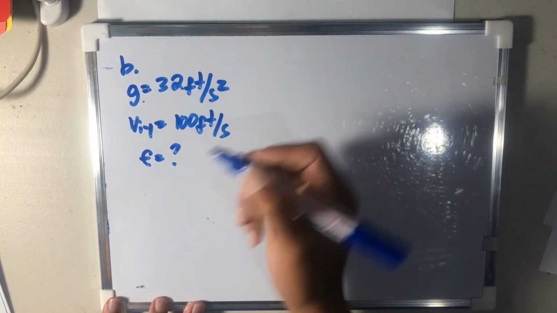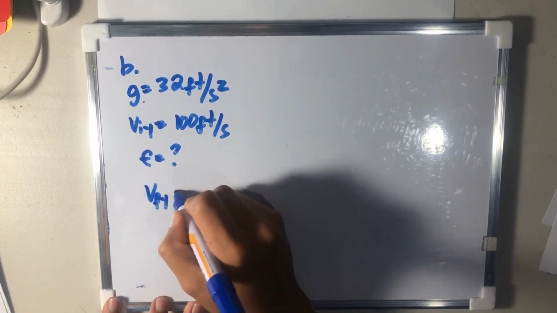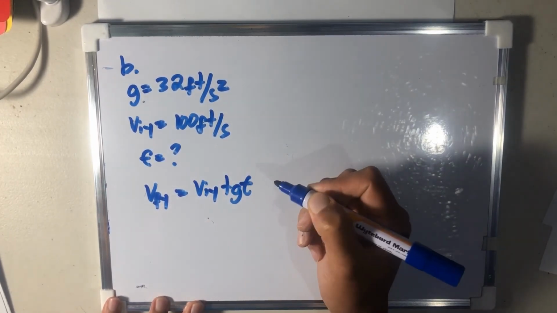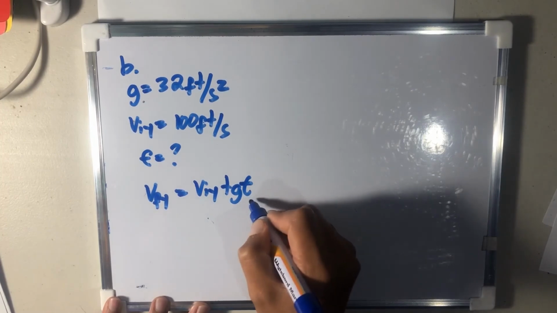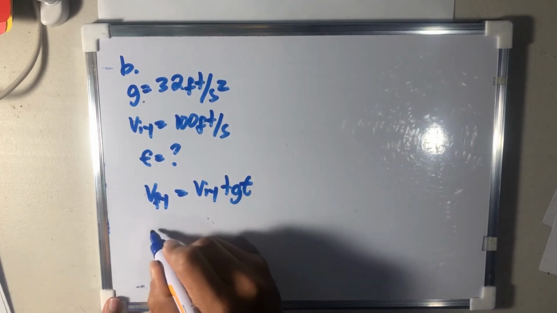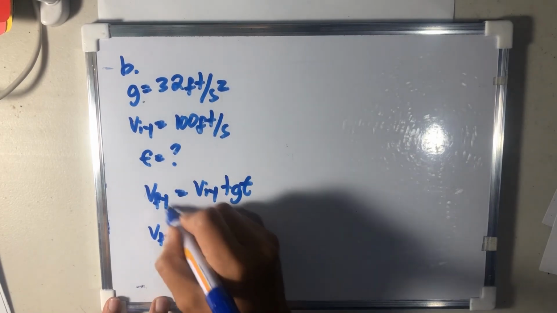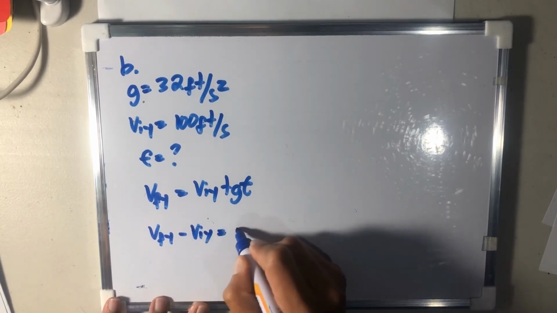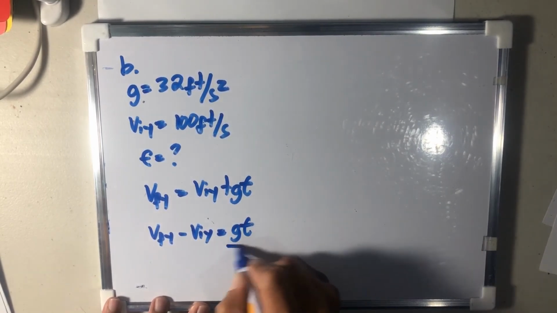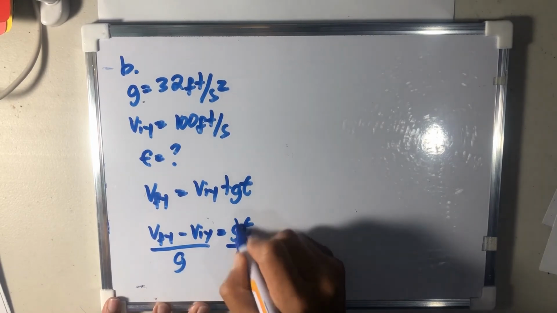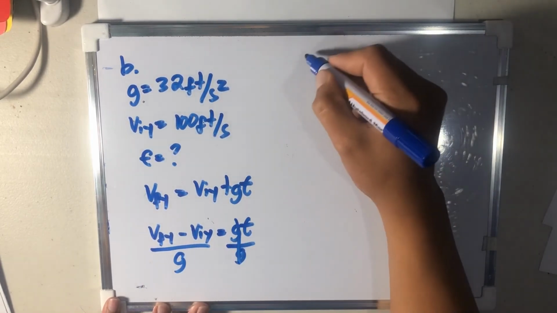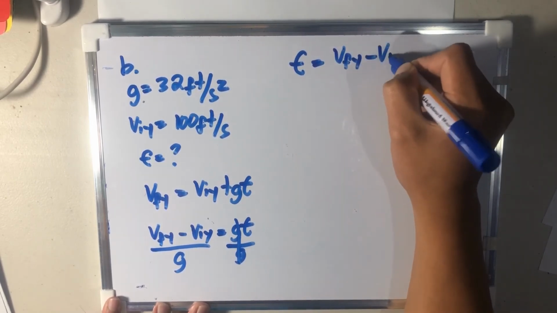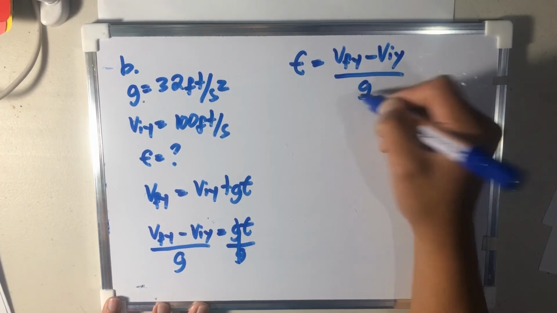So from the formulas, we have vfy is equal to viy plus gt. Take note, we are solving for the time, so we can manipulate this formula. So we transfer viy to the other side, so that will become vfy minus viy is equal to gt. Then we can divide both sides by g, so that time will be left. Then we can rearrange that to have the formula t is equal to vfy minus viy all over g.